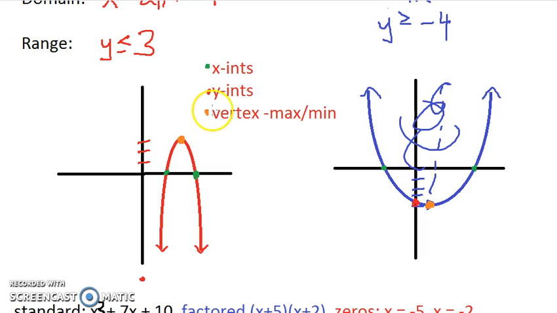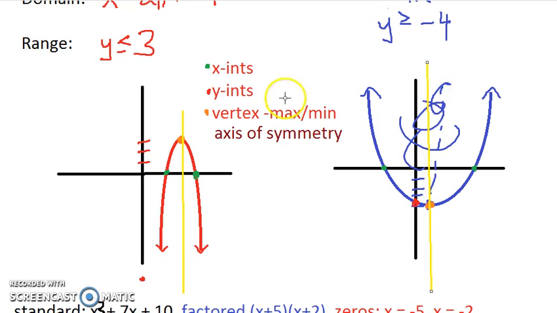The other thing is the axis of symmetry. That's the line that cuts down the middle of the graph. That one right there. And it's the x value of the vertex.